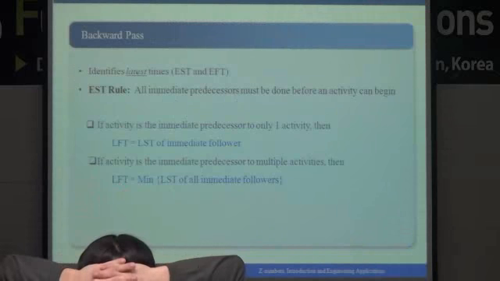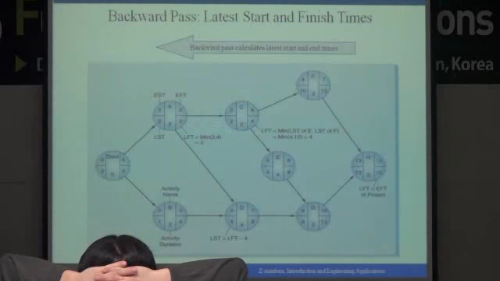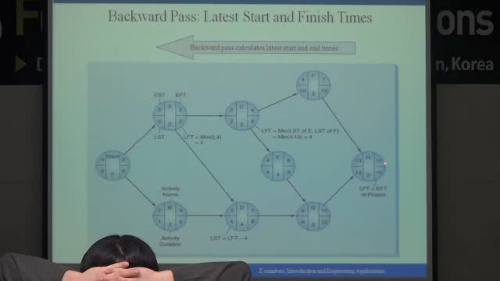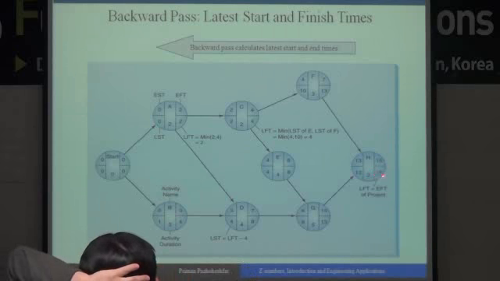In the backward pass, there are some rules, and I will describe them in this figure. When you follow these rules, you can find this value, which is 15 days, for example. In the backward pass, you should follow the mentioned rule. For example, it was 15 days.